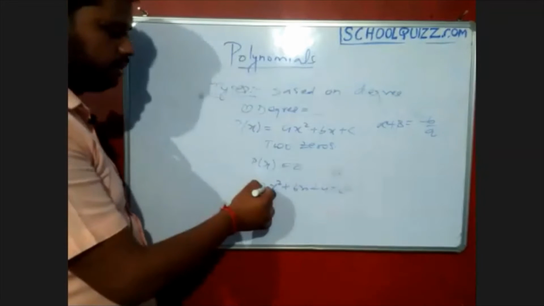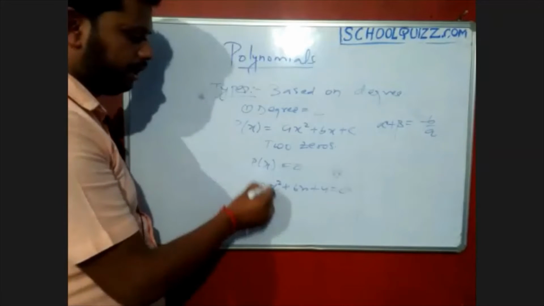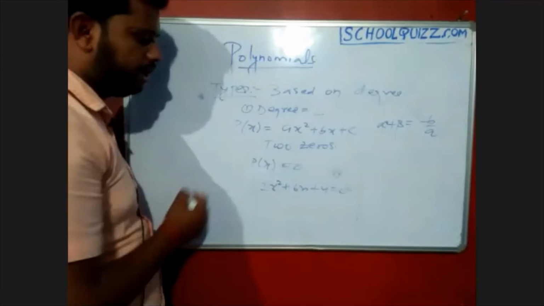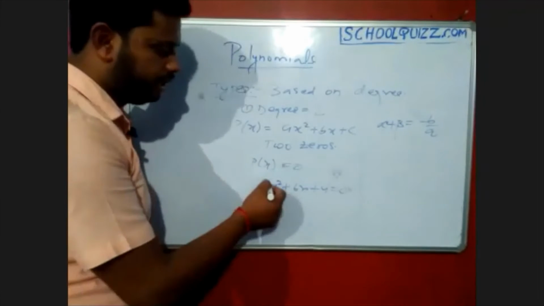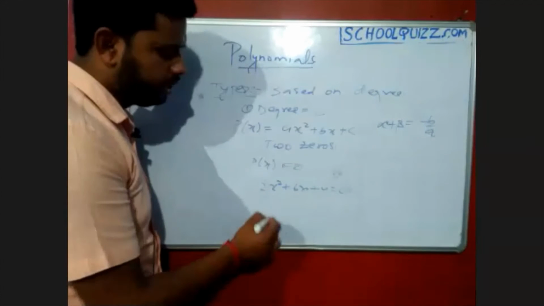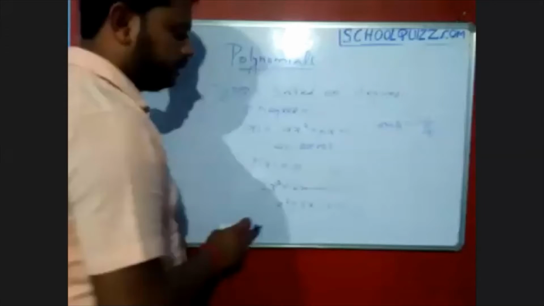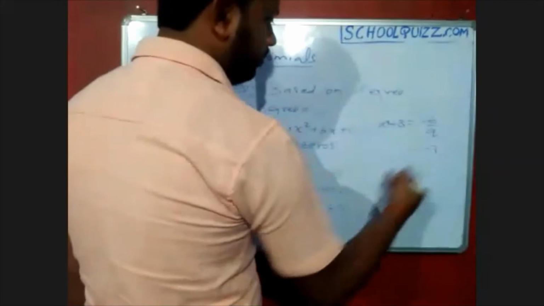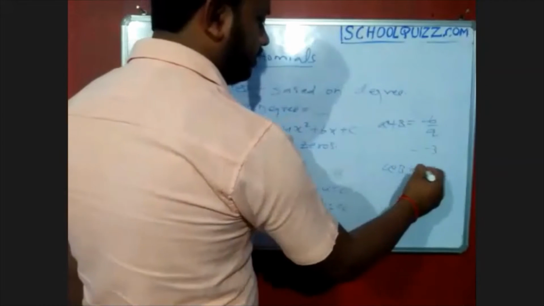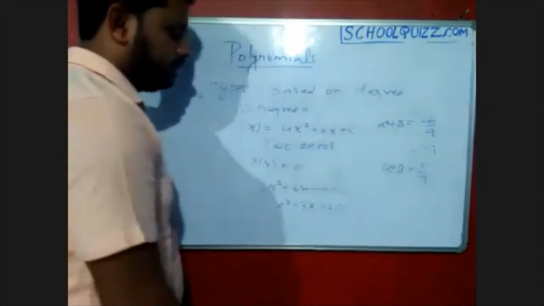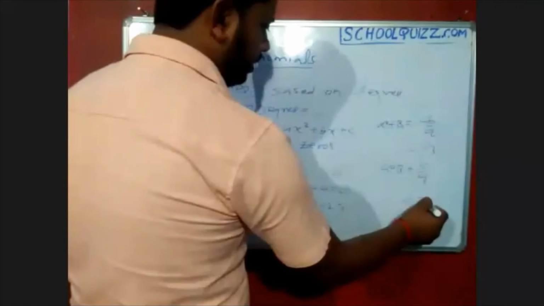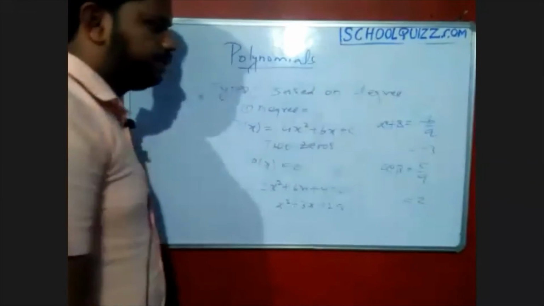To compare, first eliminate the 2 from the higher degree term. Divide both sides by 2: x square plus 3x plus 2 equals 0. The sum of the zeros is minus 3, and the product of the zeros is c by a, the last term by the coefficient of the first term, so we can write 2 by 1, that is 2. This is the relation.